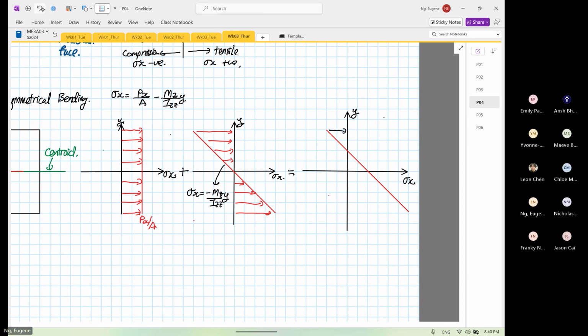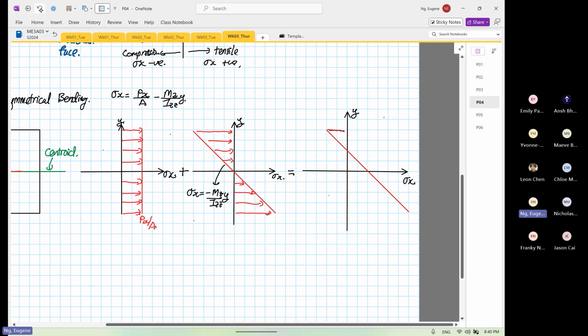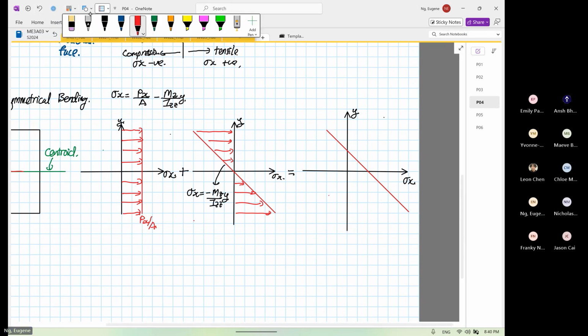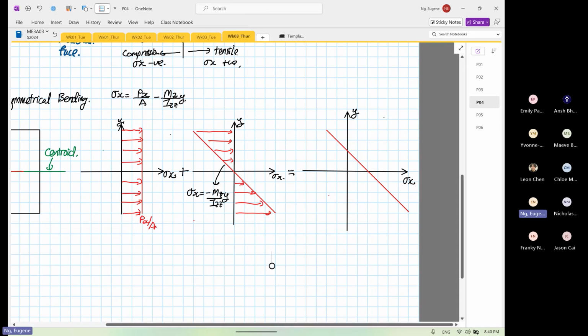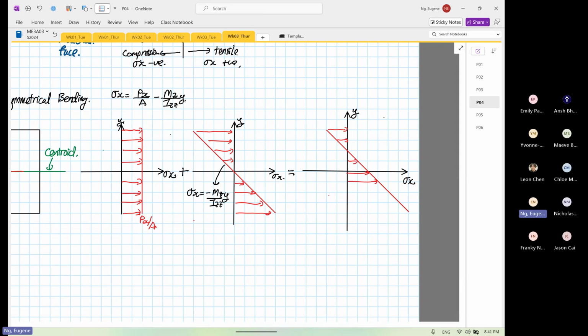Let me undo. I'll use red. So now this is the compression part, and then 0, then it goes into tensile. Can you all see that?